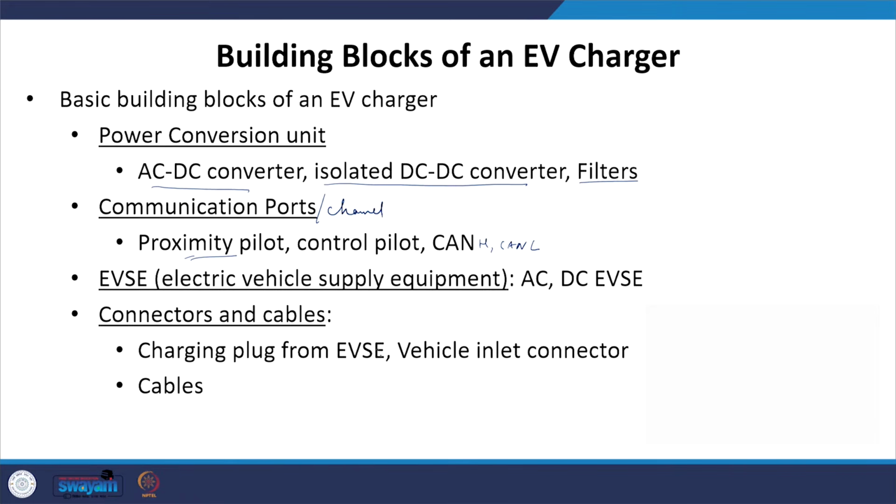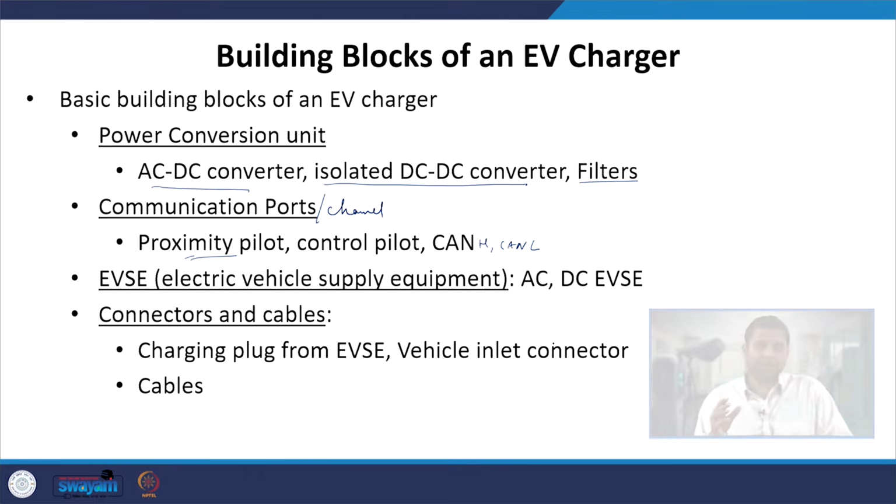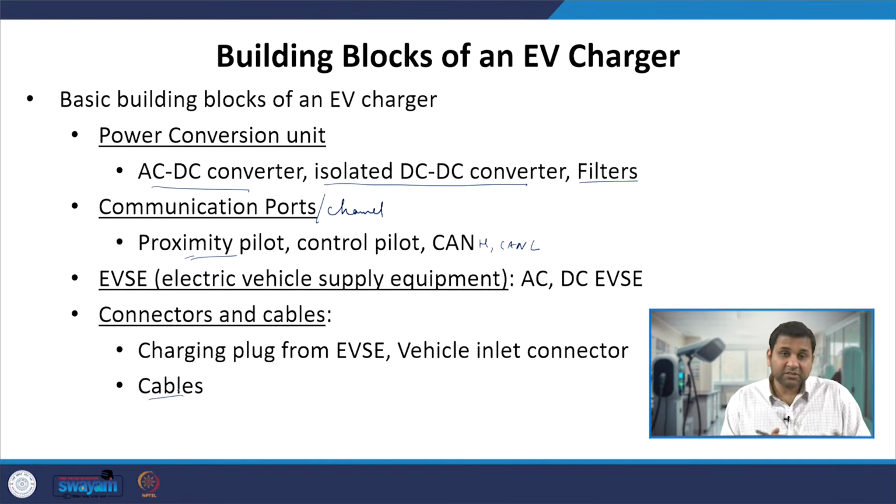The charging plug goes into the vehicle inlet connector, which is present in an electric vehicle. These two form factors, the plug and the inlet connector, have to match with each other. At the same time, the cable also needs to have the required dimensions, like the length of the cable, which generally comes in the range of 5 meter, 7.5 meter or 10 meter.